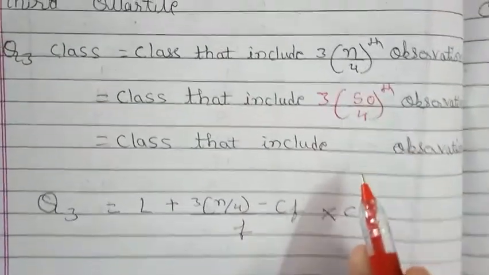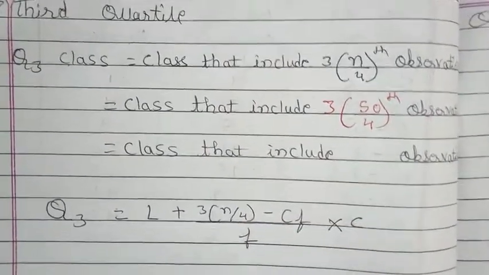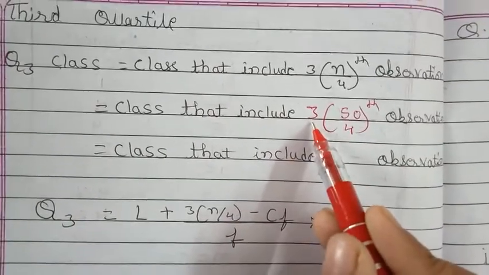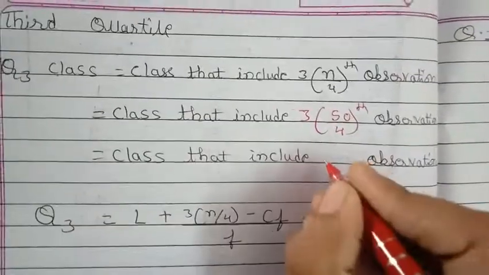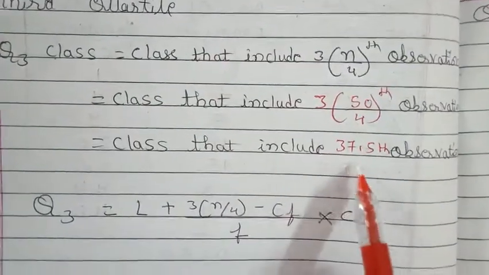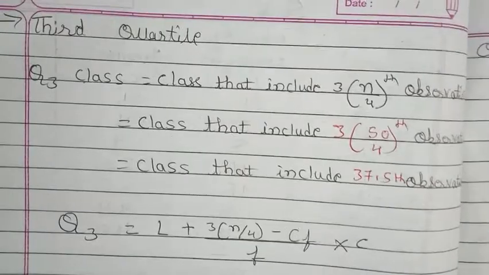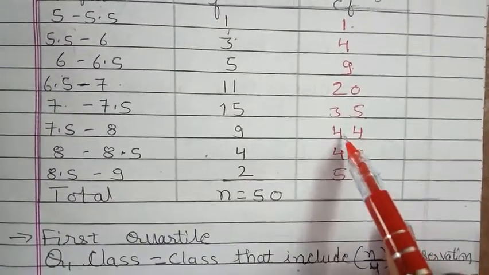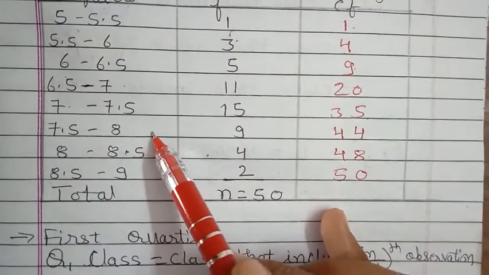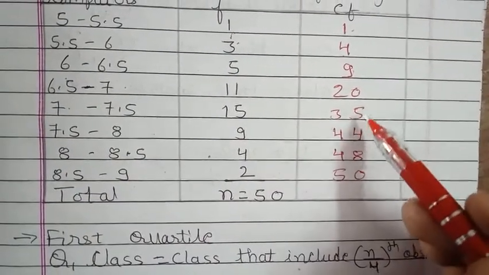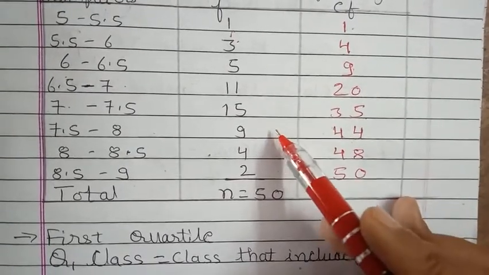Now 50 divided by 4 gives 12.5, and 12.5 multiplied by 3 is equal to the 37.5th observation. Now this 37.5 we have to see in the CFI column. As you can see, 37.5 comes here. So our class is 7.5 to 8, L is 7.5. Our CFI is of the previous class, that is 35. Frequency is 9.